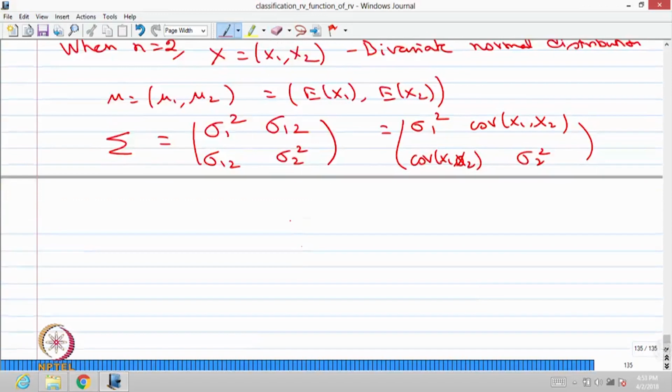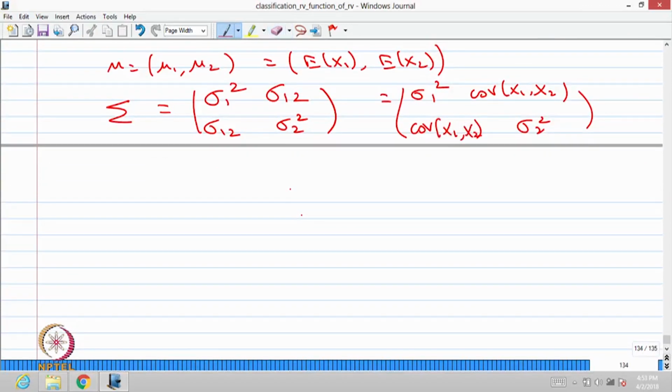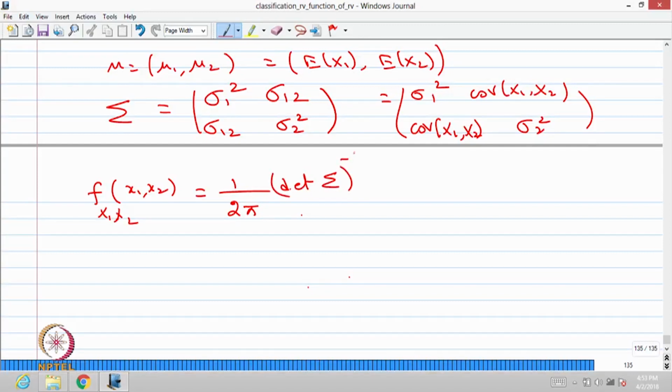Now the joint probability density function will be much simplified. That is f of (x1, x2) is nothing but 1 divided by (2 pi) power n by 2, where n is 2 here, therefore 2 pi, and the determinant of the sigma matrix raised to the power minus 1 by 2, multiplied by the exponential of minus 1 by 2 (x minus mu) sigma inverse (x minus mu) transpose.